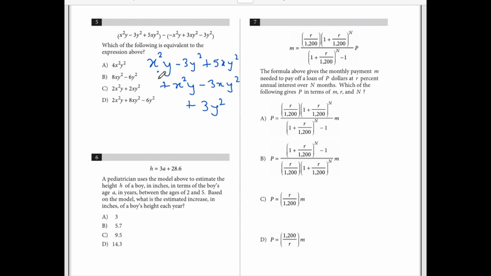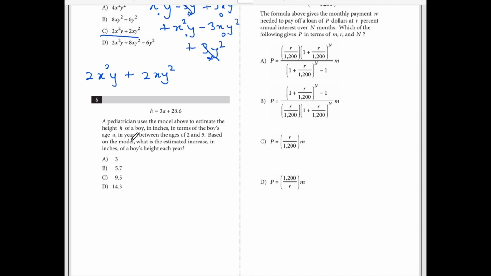Can mark the similar terms, these two, also these two, and these two, and these two. Let's simplify. This plus this equals to 2x squared y, and we cancel out this 2, plus 5 minus 3 is 2xy squared. The answer should be C.